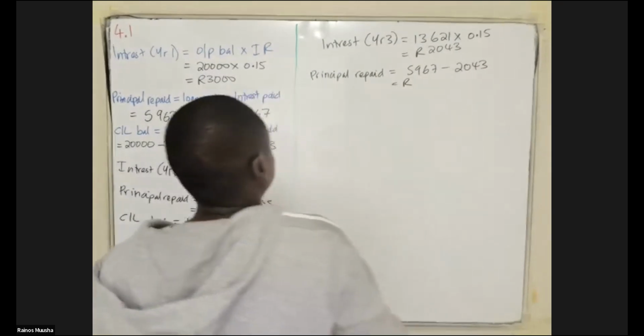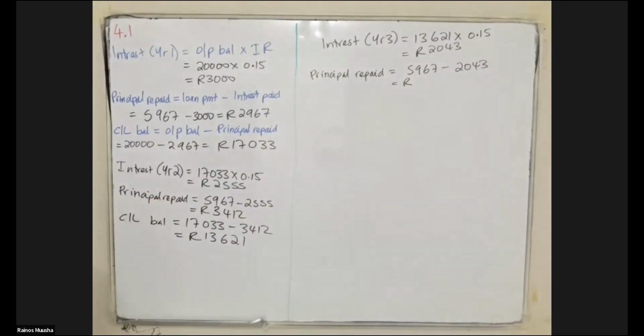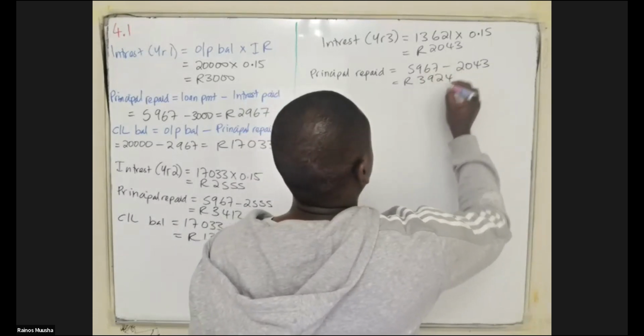And how much is your principal repaid for year 3? 3,924.